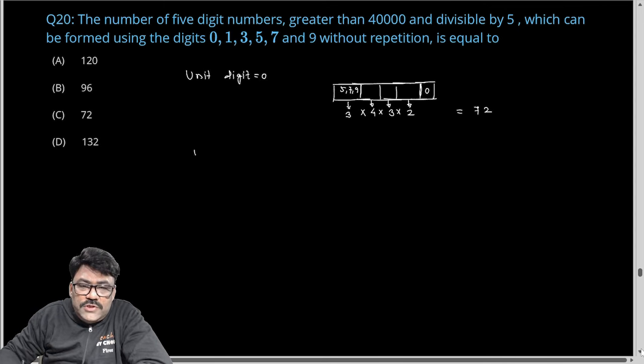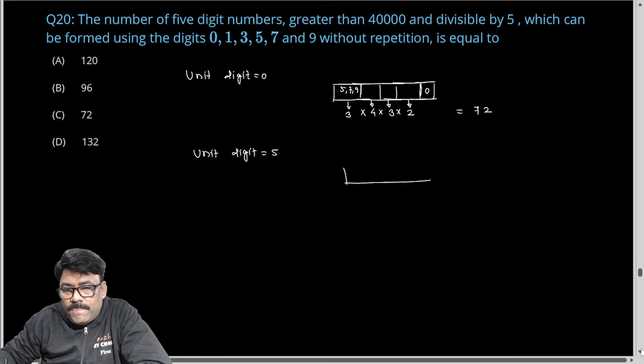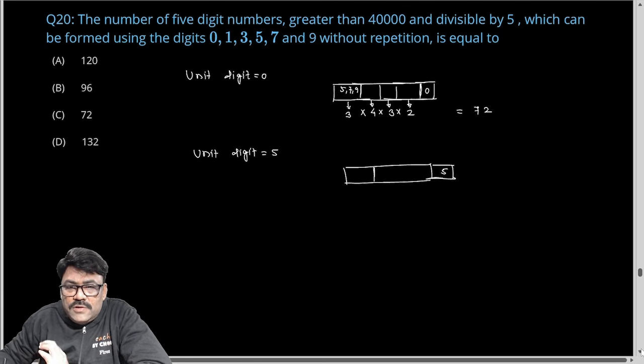Now what happens if the unit digit is 5? So this time the unit digit is 5. This leftmost place will be either 7 or 9 because 5 is already used. So 2 options here.